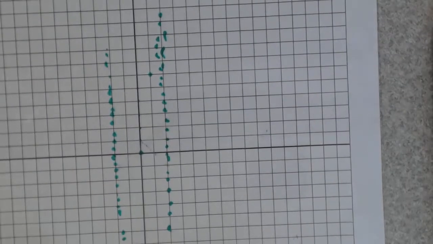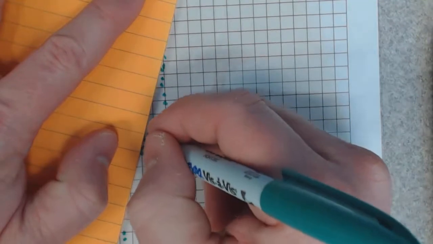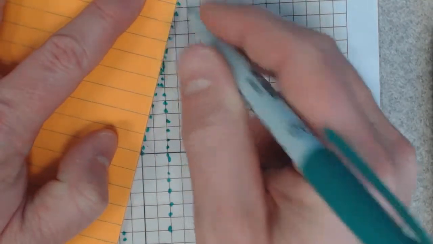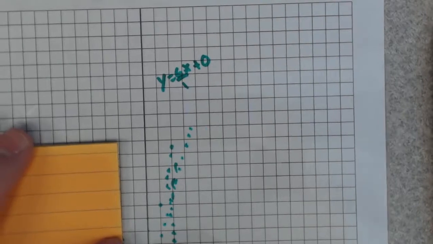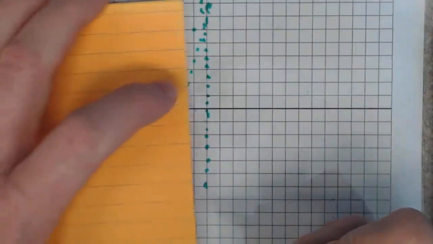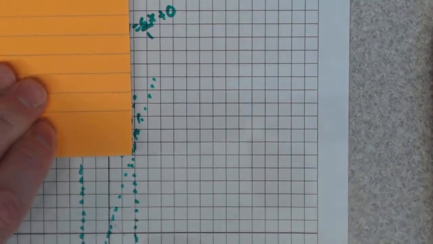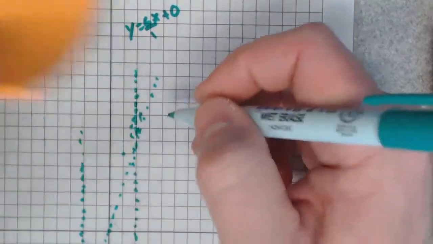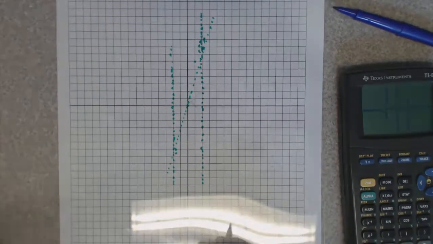And then I need to get a ruler. Let's get this paper here. Okay, so I've got this graph like that.